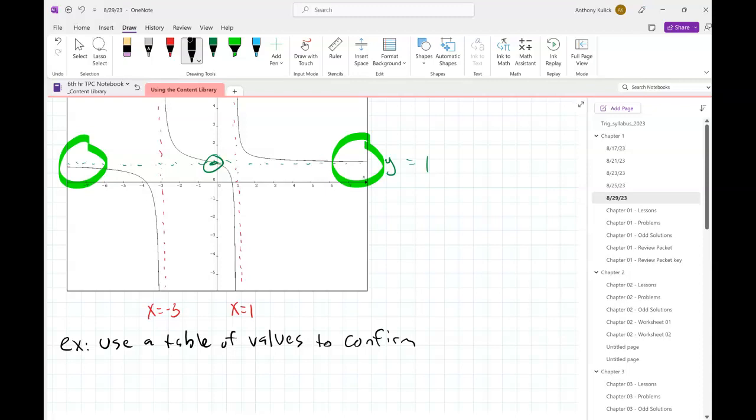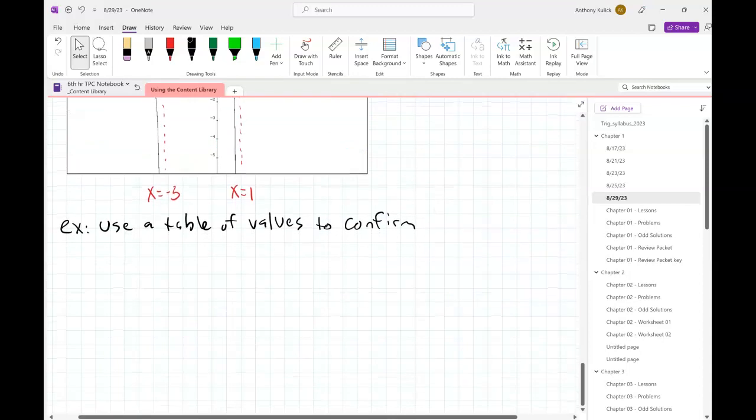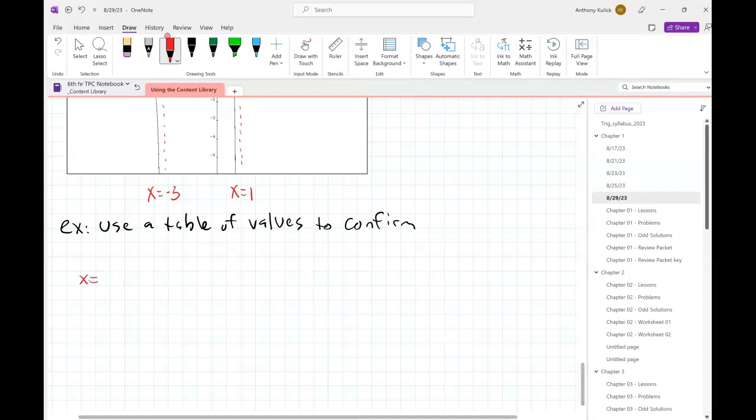Let's talk about how to do that. We'll do this one at a time. We'll do it for x equals -3, and then for x equals 1, and then for y equals 1. Okay?